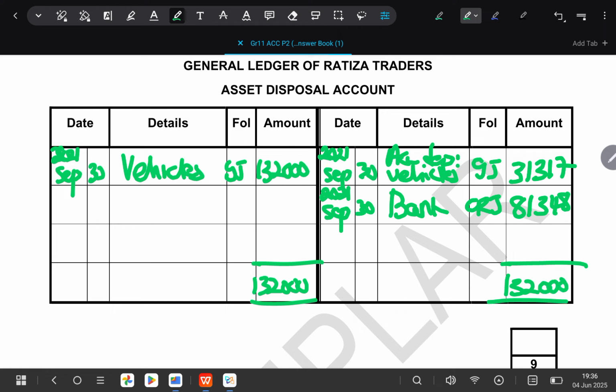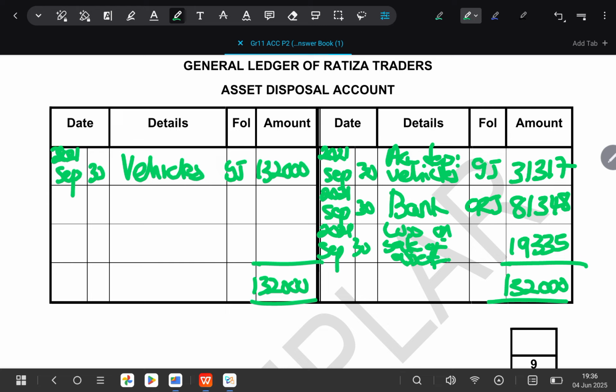And then if you take that 132,000 and minus 81,348, then you also minus 31,317, it is going to give you 19,335, and this is what we call loss on sale of assets. So 2021 September the 30th, you'd have loss on sale of asset.